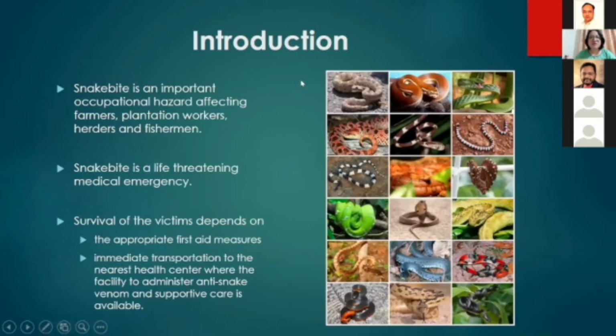Just in brief about the introduction part, this is the basics of snake bites. As we all know, it is an important occupational hazard and it affects the farmers, the plantation workers, herders, fishermen.